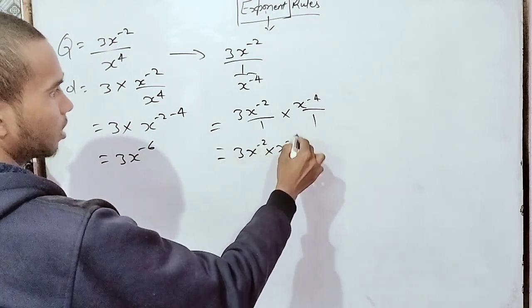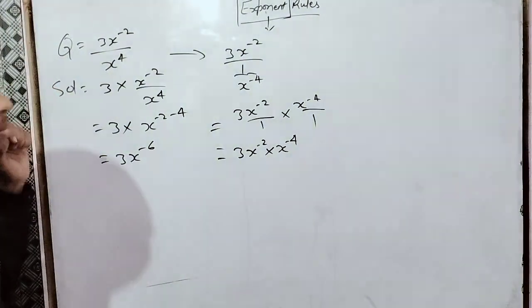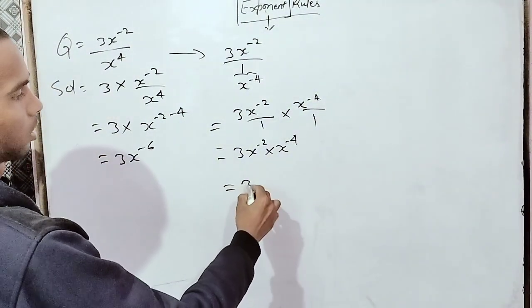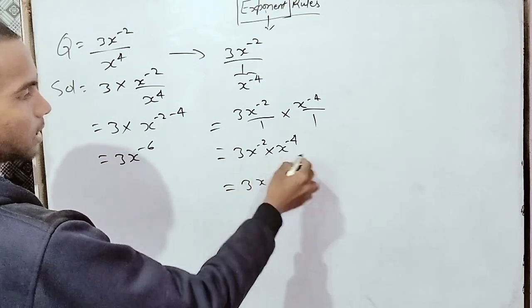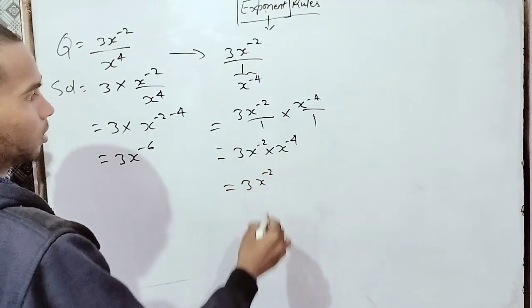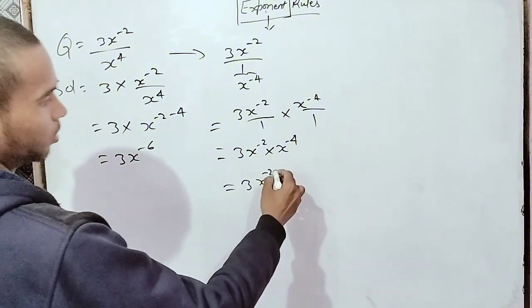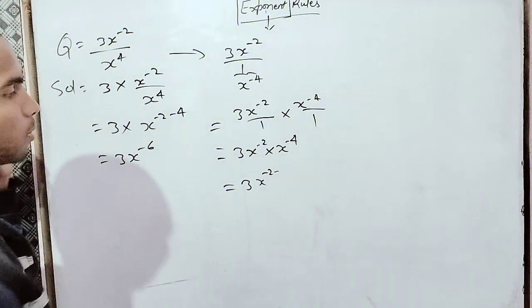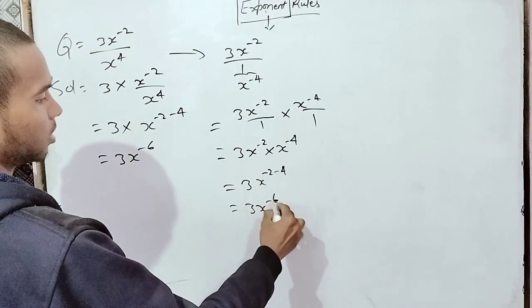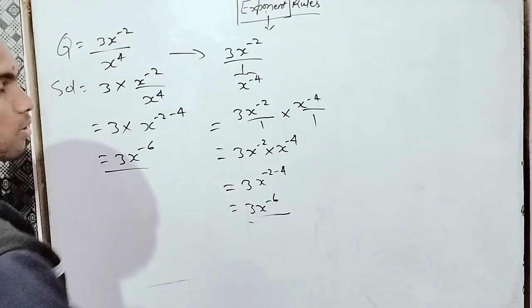Now we can apply the product rule. The base and x-axis are the same, minus 2 and plus 2, and the plus and subtract would be subtract. Now we have this.